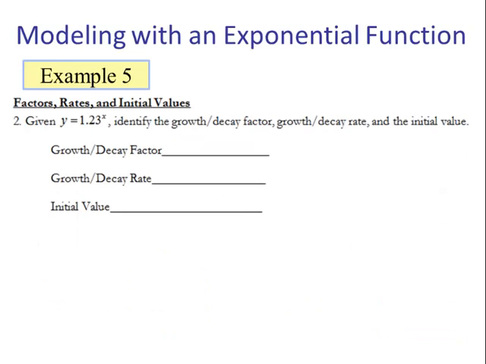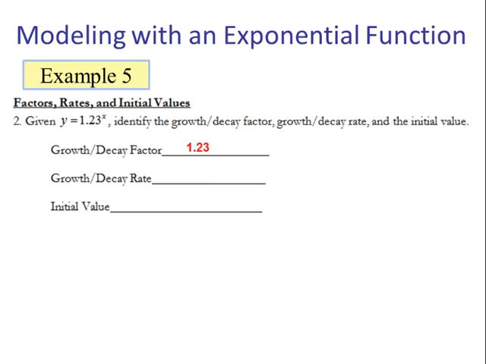Number 2, given y equals 1.23 to the x power, identify the growth or decay factor, the growth or decay rate, and the initial value. Well, the factor just simply means the base. So the base in this case is 1.23.